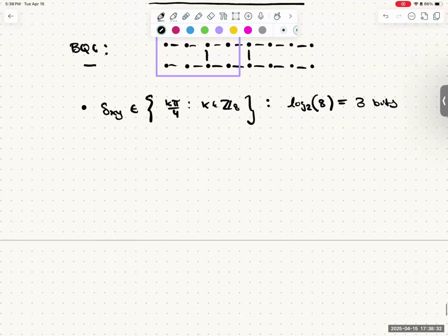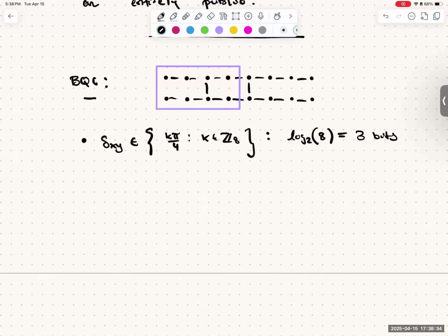And then you have 8 sites for each gate that you want to do, so 3 times 8 equals 24 bits from client to server.